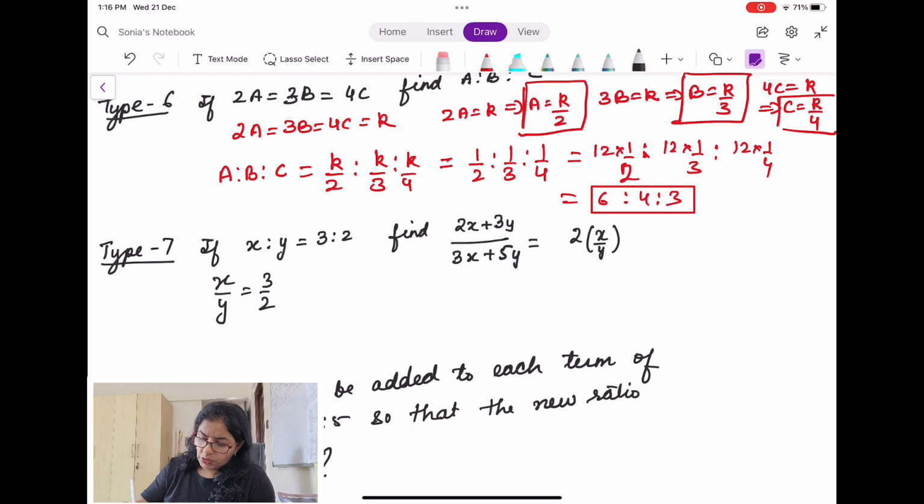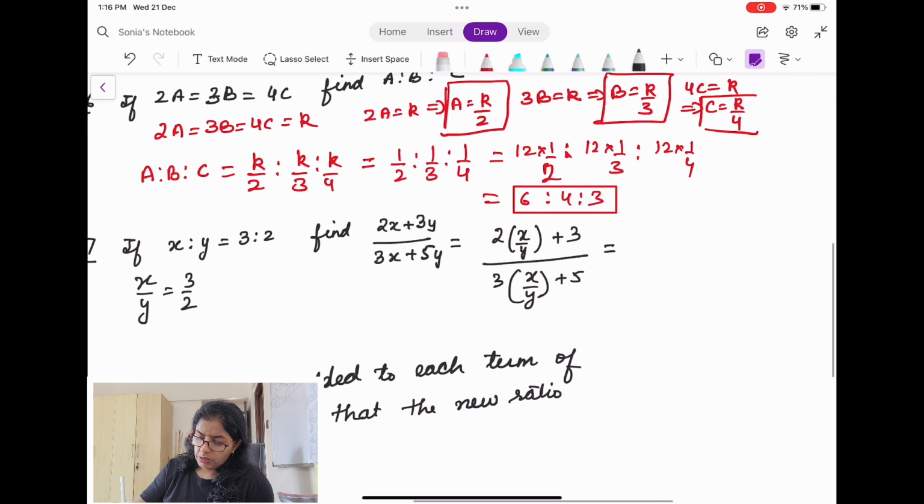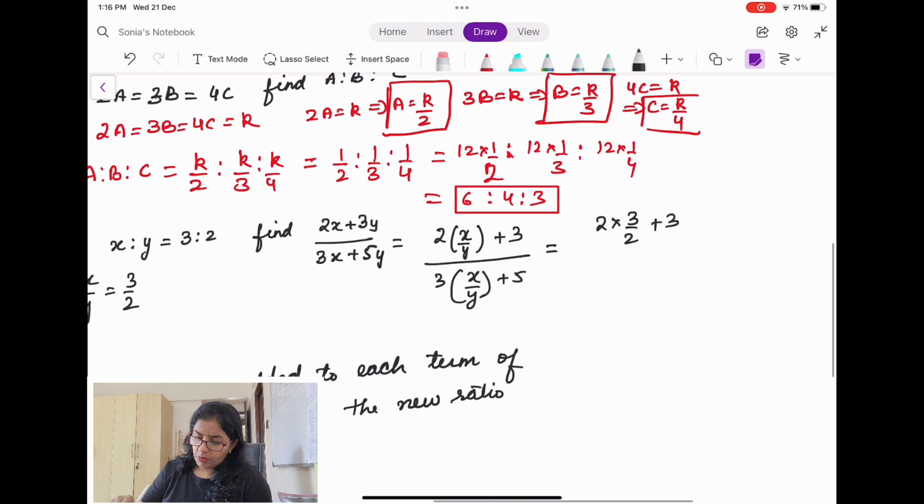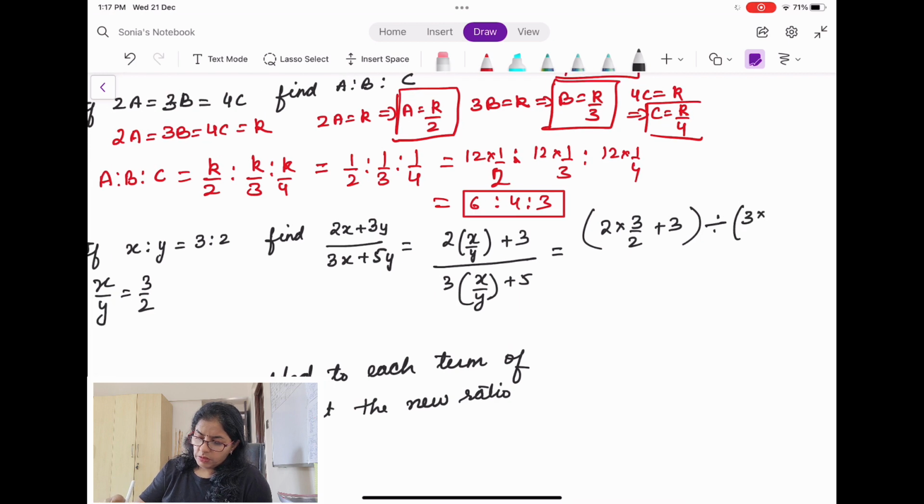Now, in this expression, if I divide the numerator and denominator both by y, I will get 2x upon y plus 3 upon 3 x upon y plus 2. Now, I know x upon y is 3 upon 2. So, 2 into 3 upon 2 plus 3. I will not write it like this. I will write it like this, so that my calculation part becomes a little easy for me.